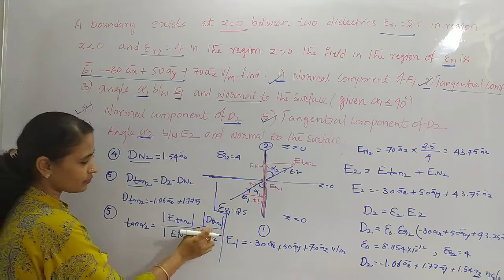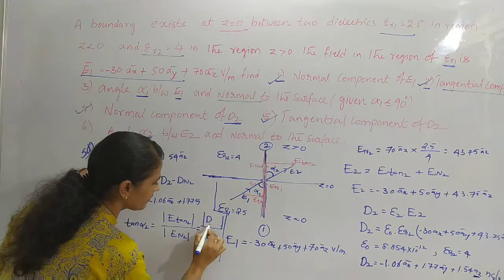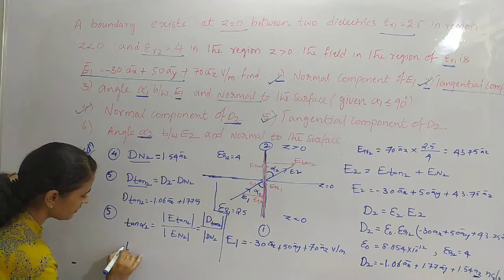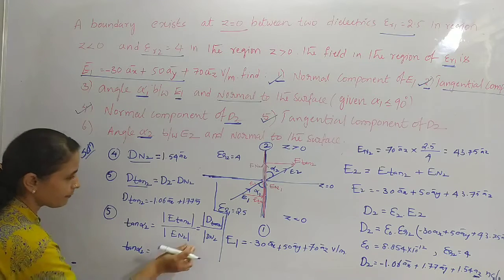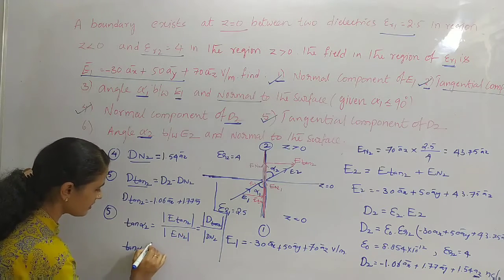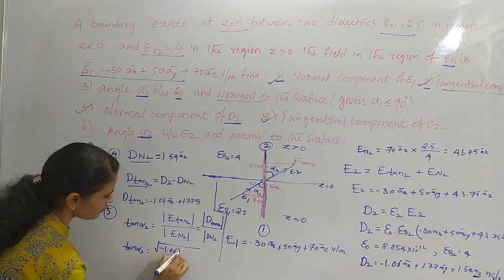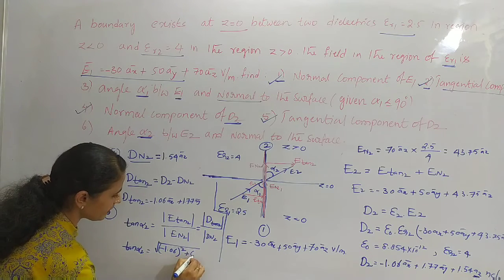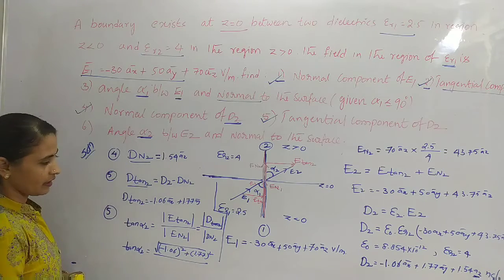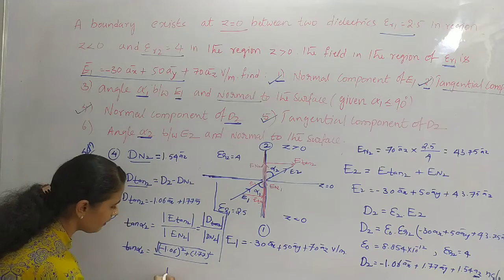So tan alpha 2 is the magnitude of dt2, which is under the root of minus 1.06 whole square plus 1.77 whole square, by the magnitude of dN2.